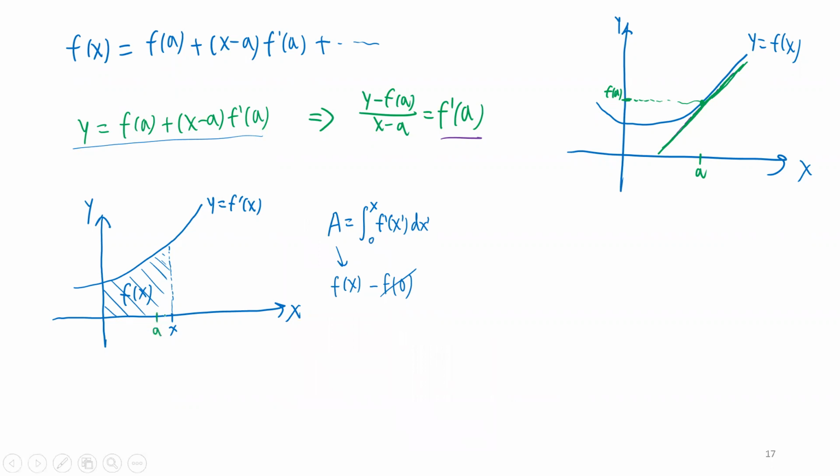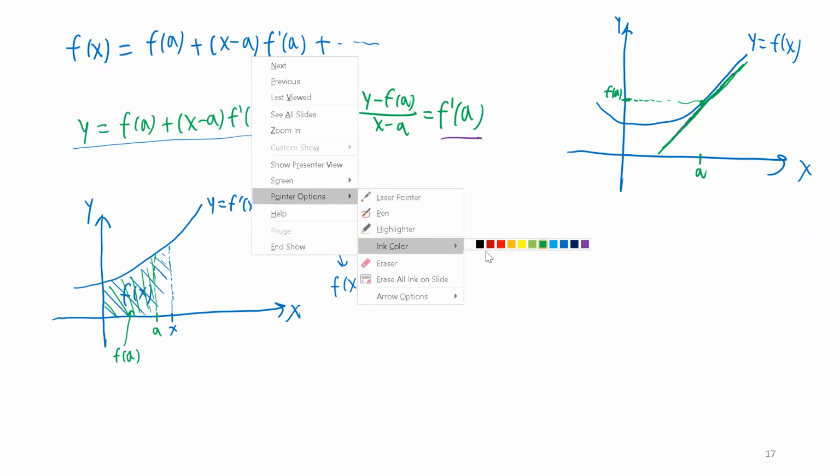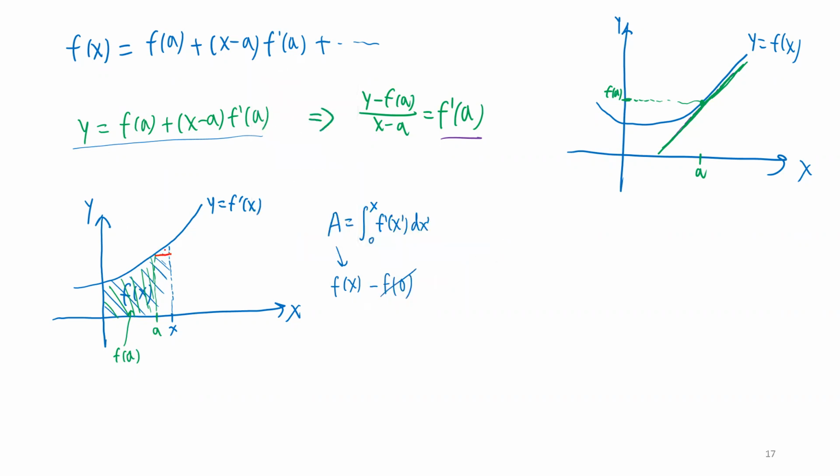Then this green area alone is f of A. And on the other hand, your f of x is the entire blue region, which is approximately equal to this green region over here plus the area of this rectangle over here.